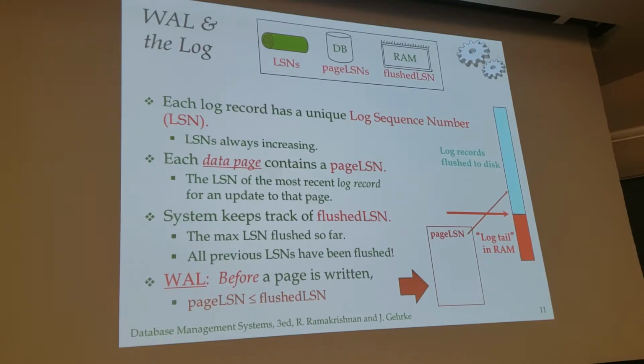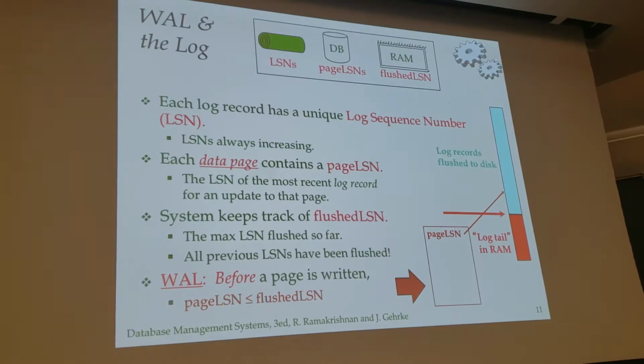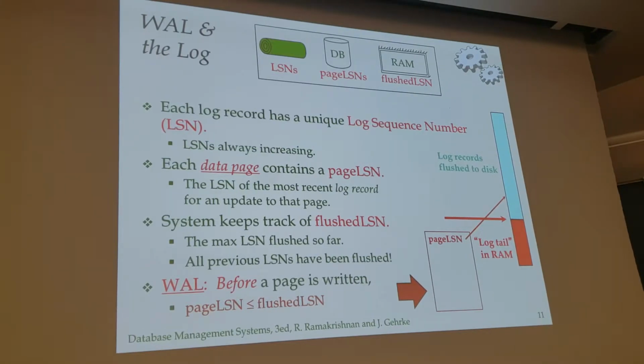Now, there's a degree of freedom as to what the flushed LSN is. You flush more log pages, the flushed LSN goes up. And so before a page gets written, you have to make sure that you flush all the log records that correspond to changes on that page. So saying that page LSN is less than or equal to flushed LSN says that all the log records that involve that page have been flushed. Okay?